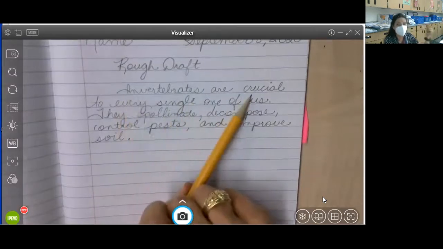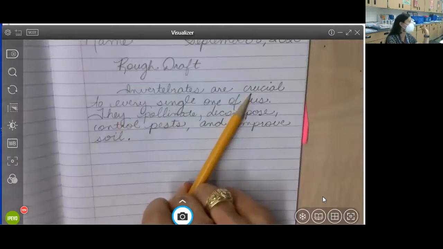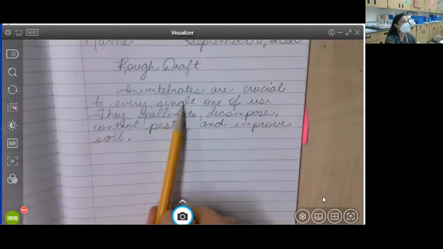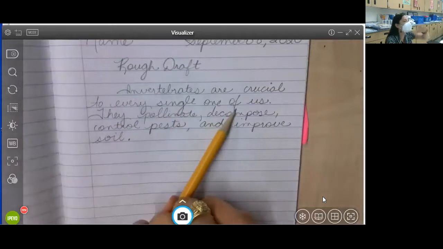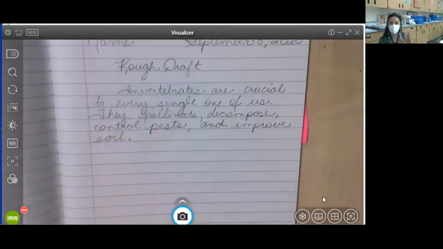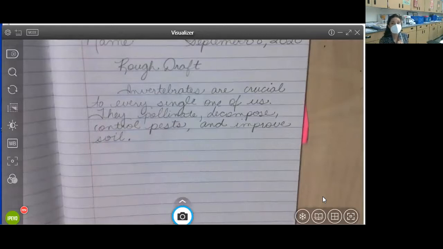Invertebrates are crucial, which is a fabulous word, not gonna lie. Fabulous word. You need to choose fabulous words, okay? Invertebrates are crucial to every single one of us. Now, everybody in this class and everybody at home should have their own sentence like that that tells me what this composition is about. It doesn't have to be my sentence. This is my sentence.